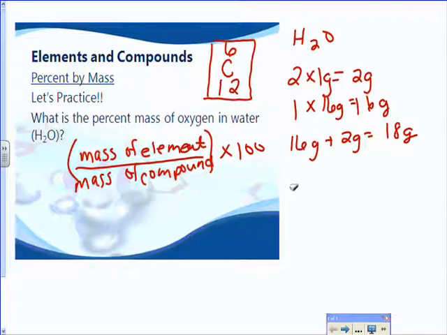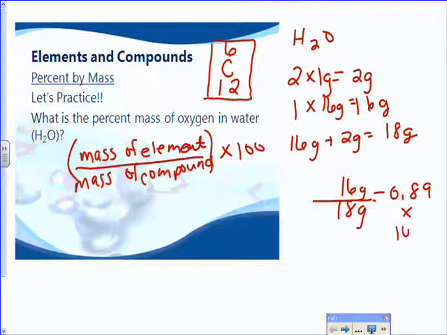Now, to find the percent mass of oxygen, we take the mass of the element, which was 16 grams, divide it by the mass of the compound, which is 18 grams, and that's going to equal 0.89. Once you multiply that by 100, you get 89%. So the percent mass of oxygen in water is 89%.